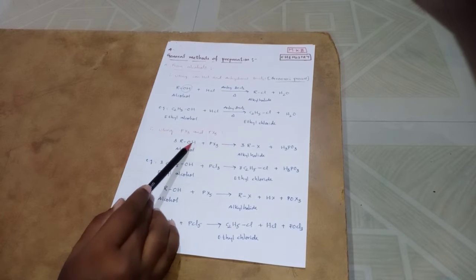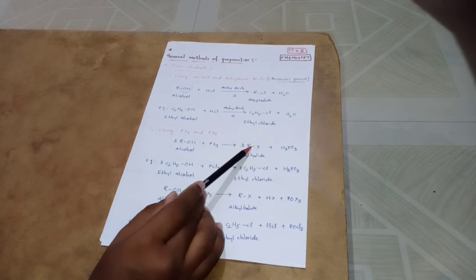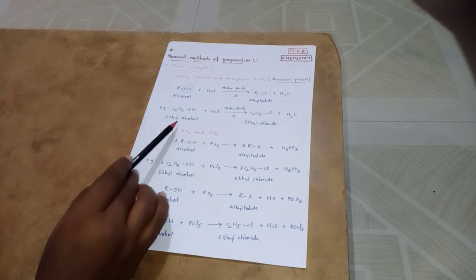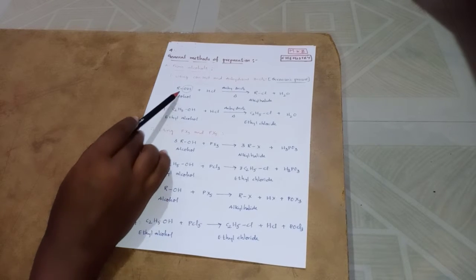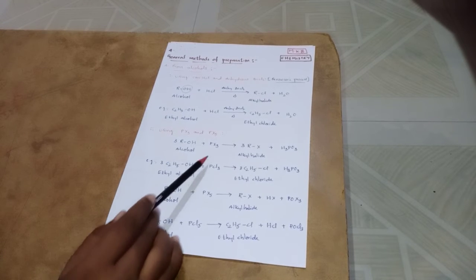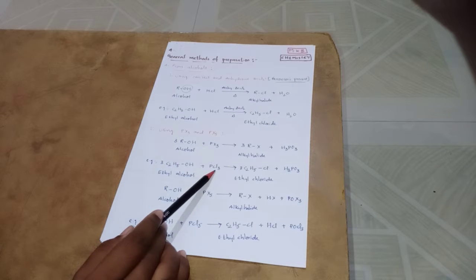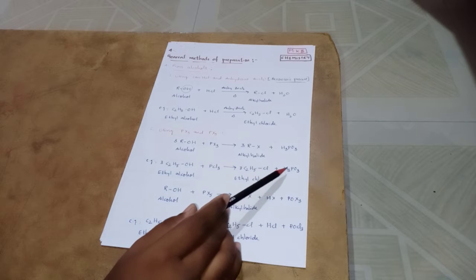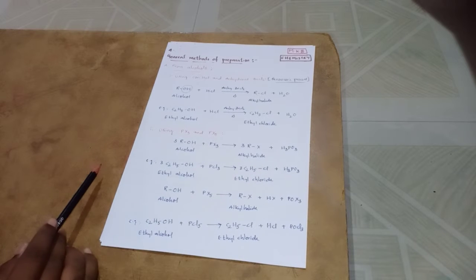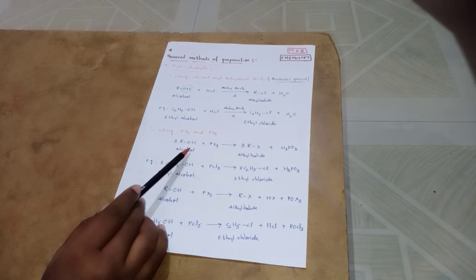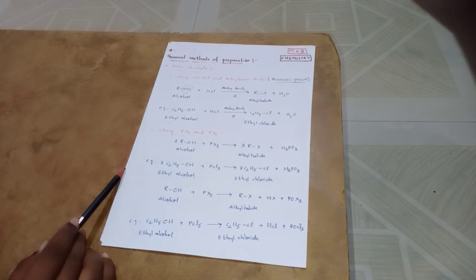In place of OH, we write the halogen: 3ROH plus PX3 gives 3RX plus H3PO3. For the example, replace R with C2H5. So C2H5OH, ethyl alcohol, with X replaced by chlorine, PCl3, gives rise to C2H5Cl plus H3PO3, ethyl chloride. This is how alkyl halides are prepared from alcohols using phosphorus trihalide.